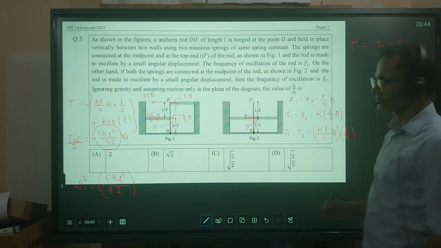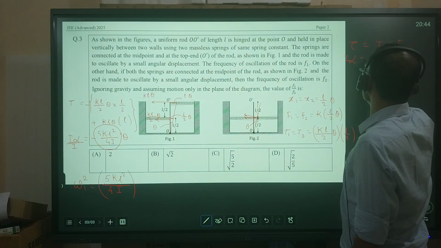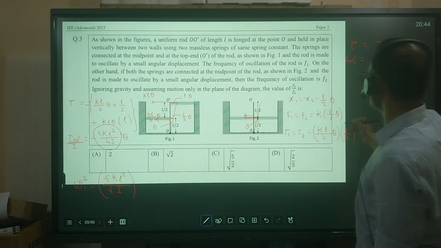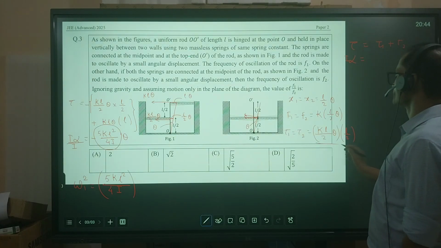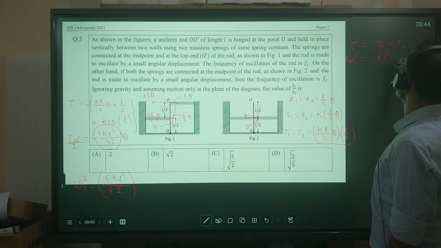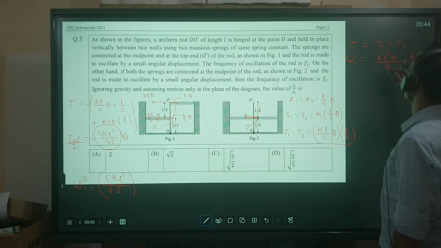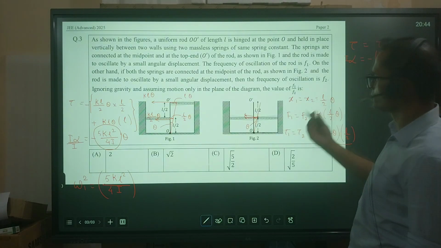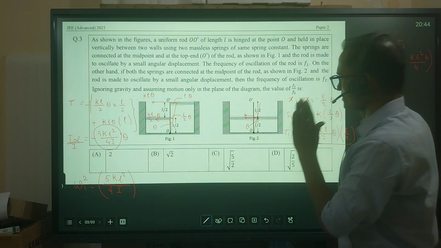Torque 1 plus torque 2 will be I alpha. If you add these two things, it is KL square theta by 4 plus KL square theta by 4. But I would like to write a minus sign because both torques are anti-clockwise here.